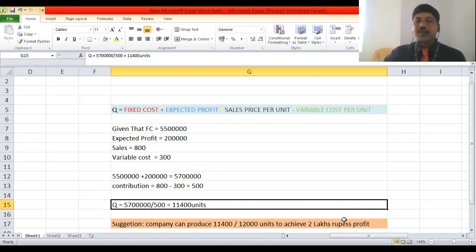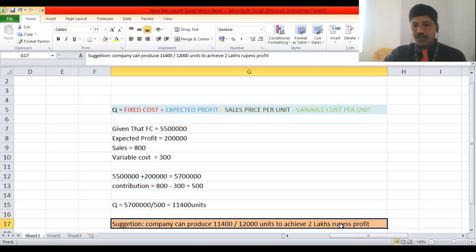If you see exactly, to get 2 lakh rupees profit, we need to produce 11,400 only. It is enough for the company to produce 11,400 units to achieve 2 lakh rupees profit. Whenever we are going for production, you may suggest 11,500 or else 12,000, not less than 11,400.